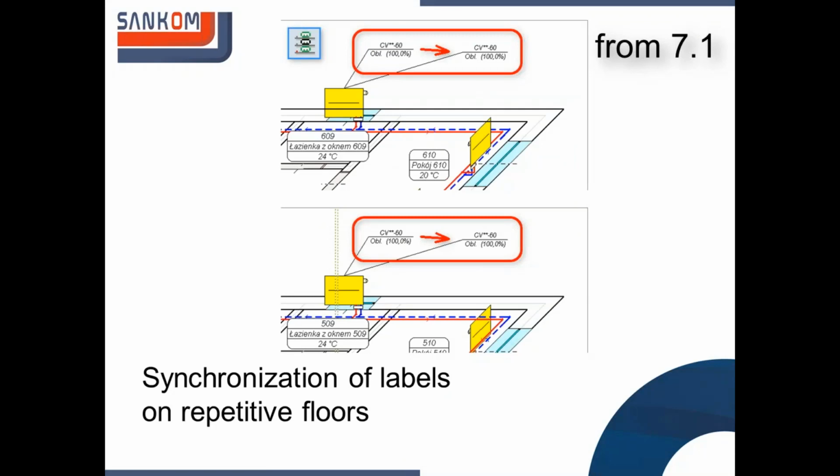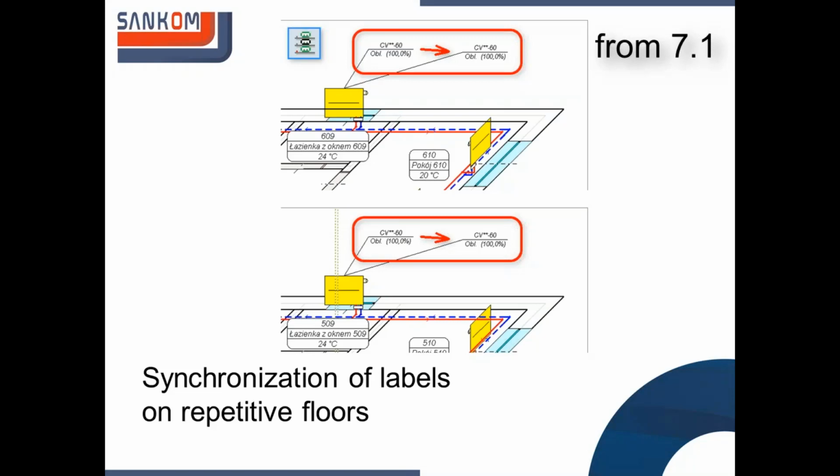And there is this function related to axonometry that may seem pretty small, but in fact it's very powerful and can really save a lot of time. This is the synchronization of the labels on different stories.